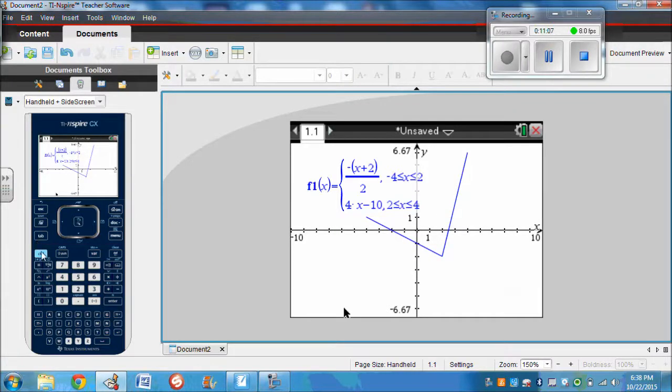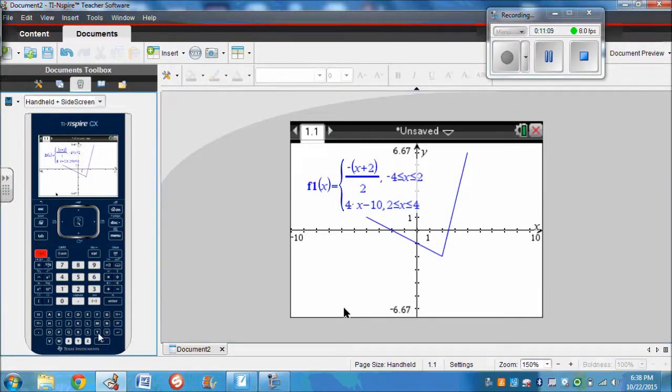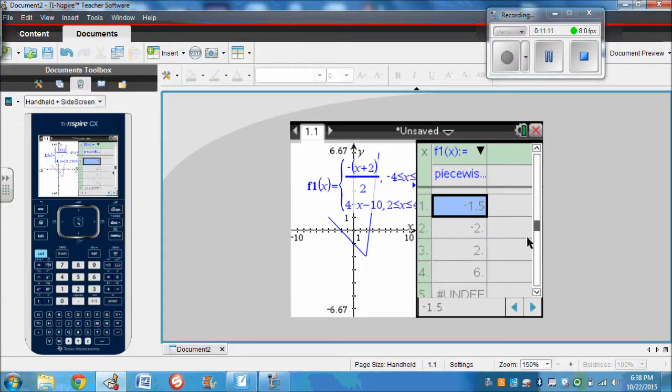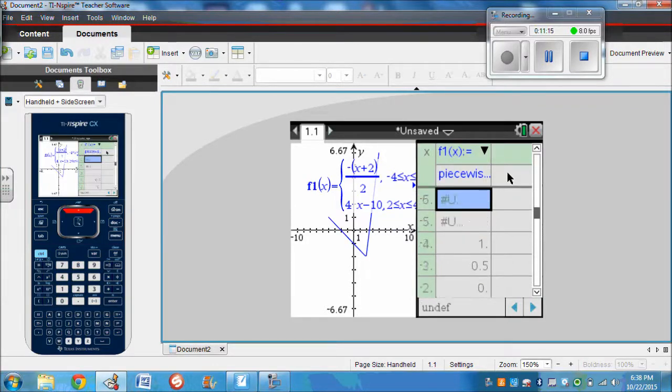If I go to Control T, T for table, and start to scroll through this, I'm seeing some weird things here. That's undefined, meaning those values are not defined in this function, so those values are not part of the domain. Now when I start here at -4, I start to see some output values. So -4 is part of my domain.